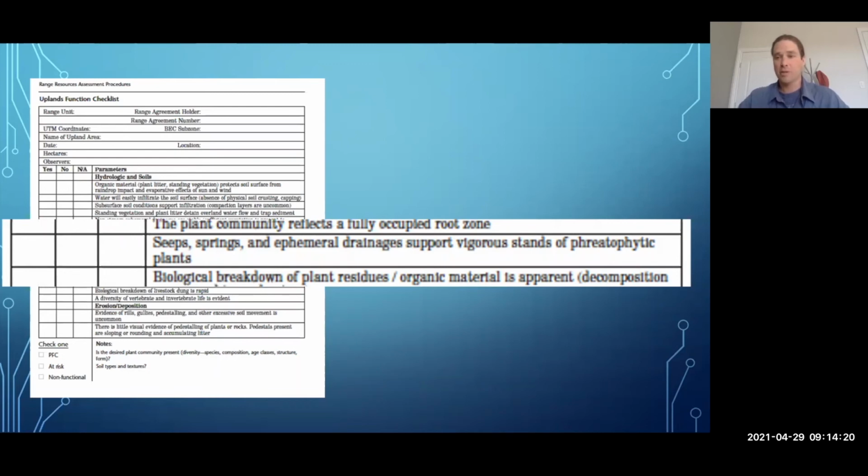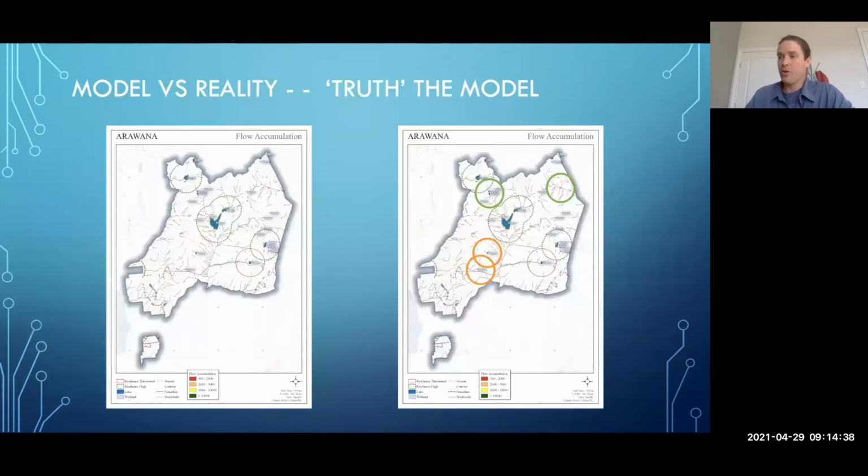Completing your upland assessment and also including these areas where the red flow lines show up is where this flow accumulation model, or the map when it comes up, is useful. And so it can also help with ground truthing, or I guess desktop truthing, the model.